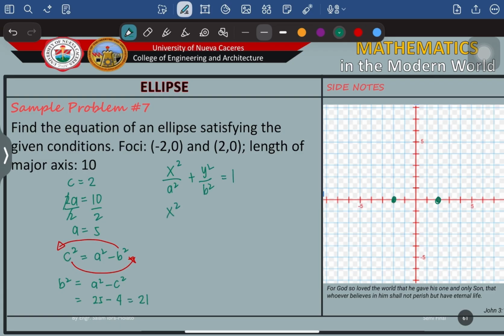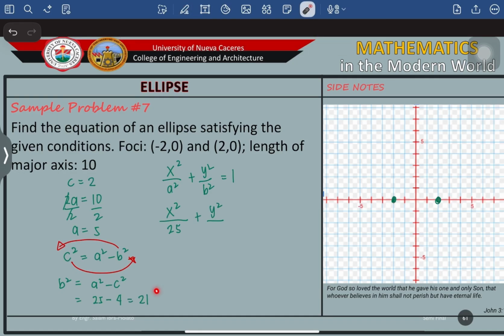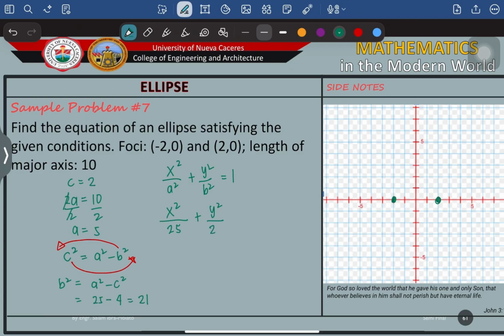A squared is 25, and b squared we just computed is 21. So this is the final answer.